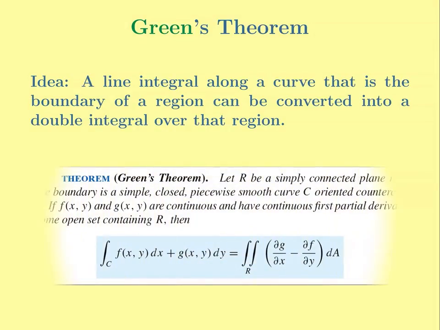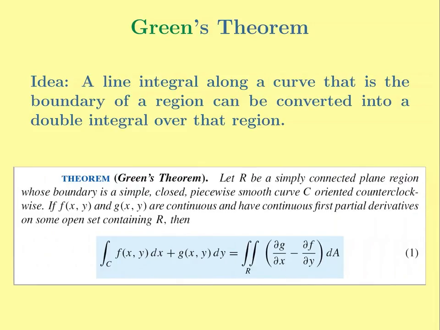So more explicitly, the theorem looks like this. And we'll see some examples on how this works. But first, let me clarify a little bit. There's a lot of words here. This is basically meaning that the curve is starting at some point and then it ends up back where it starts. The curve doesn't cross over itself.